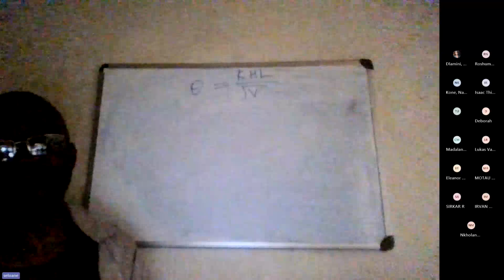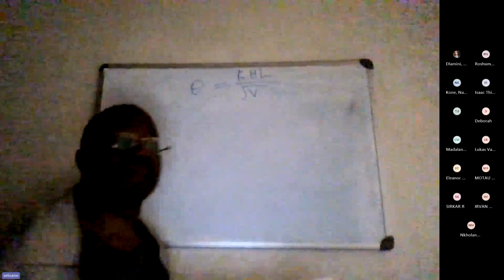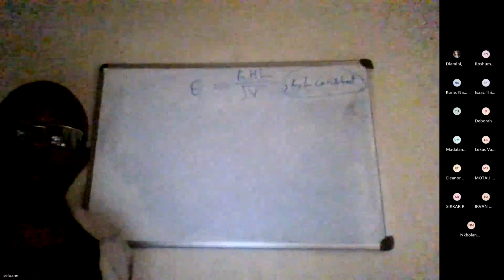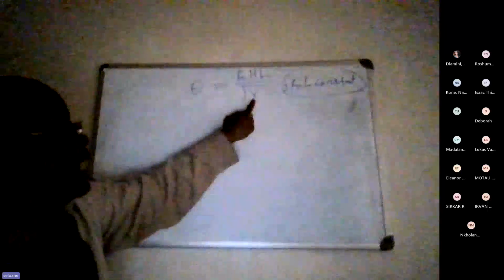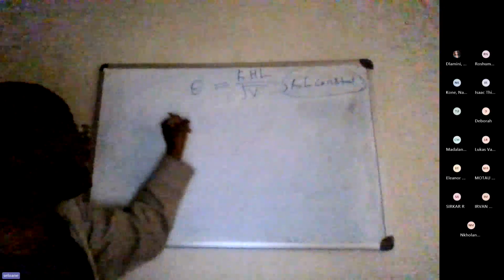But that is not the case. They are saying where K and L are constants. Let me just write it. K and L are constants. Please, these two are constants. Therefore, how many variables? Theta is a variable, H is also a variable, and V is a variable. Therefore, we don't have 5 variables. We have 3 variables: theta, H, and V.